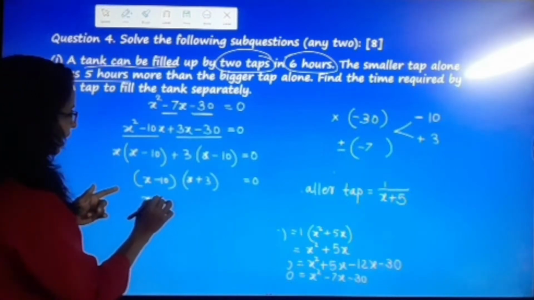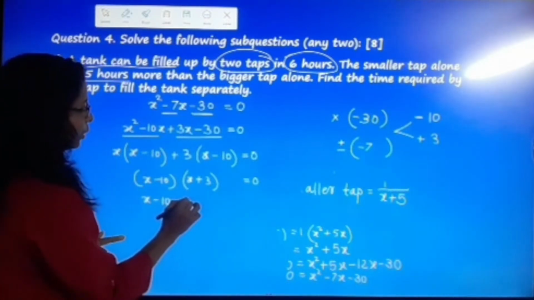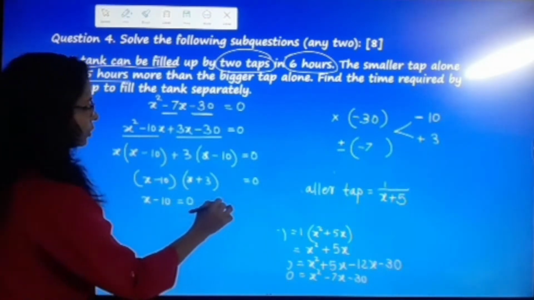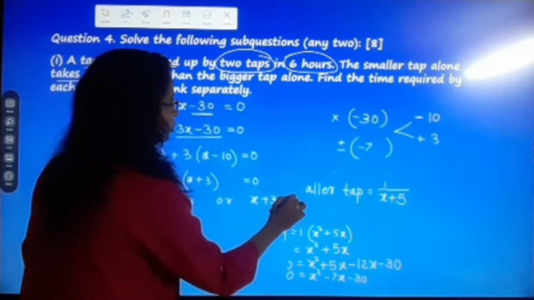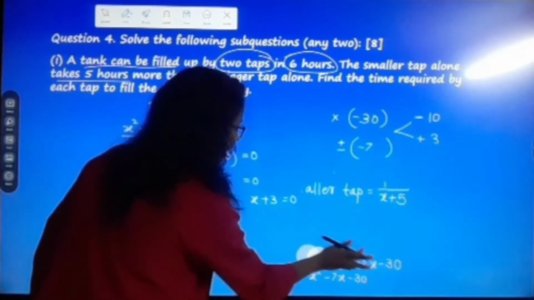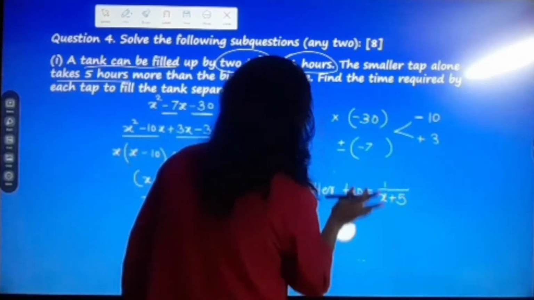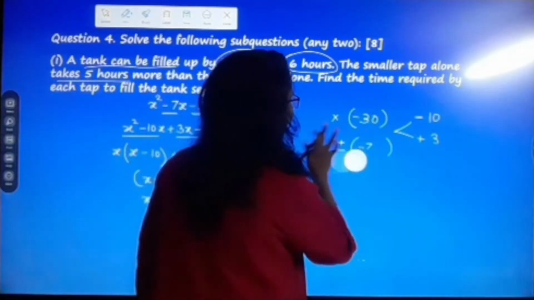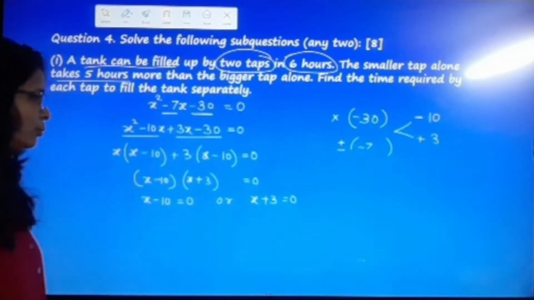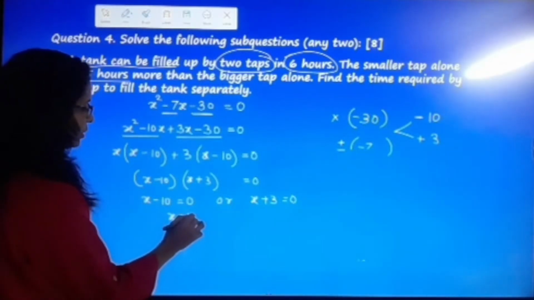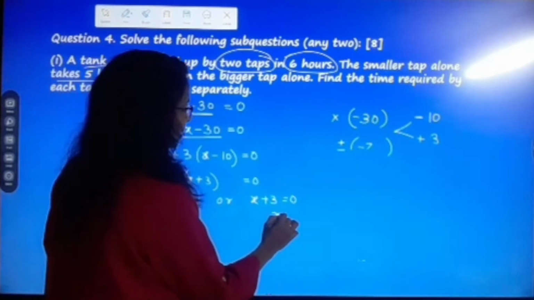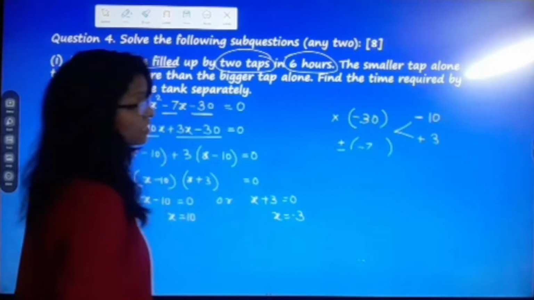So here x minus 10 is equal to 0, or x plus 3 is equal to 0. So here students, x is equal to 10, or x is equal to minus 3. Yes students.